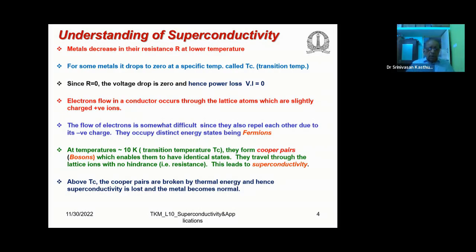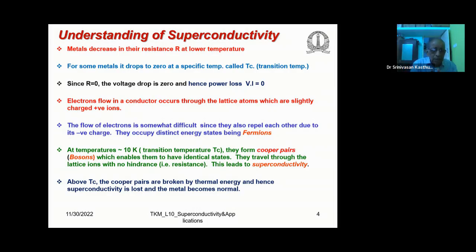But in some metals, the resistance suddenly drops to zero at a specific temperature. That temperature is called the critical temperature or transition temperature. At that temperature, the resistance suddenly goes to zero.